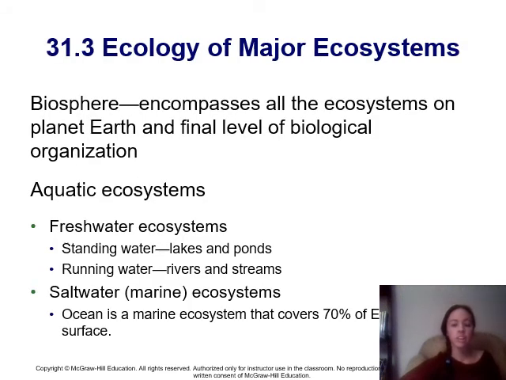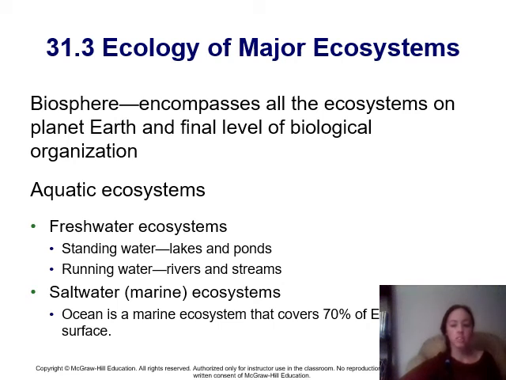The final level of biologic organization we'll talk about is the biosphere, which is all the different ways the ecosystems of the world interact with each other. Aquatic ecosystems are determined by nutrient level, oxygen level, and whether it is fresh or salt water.